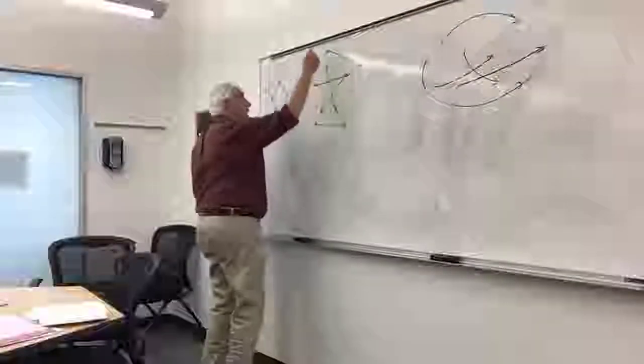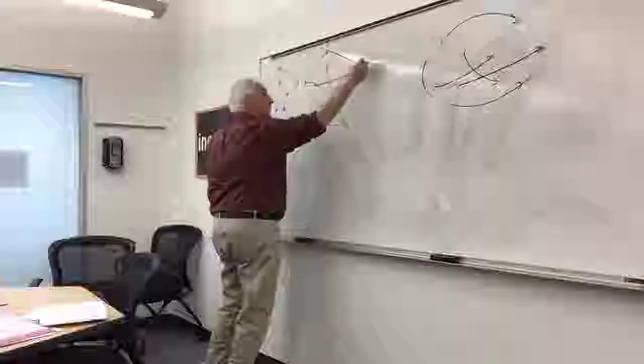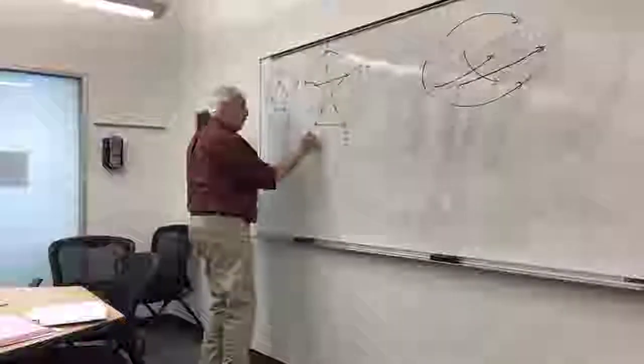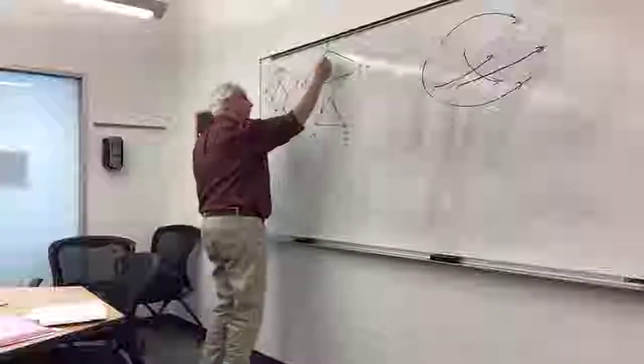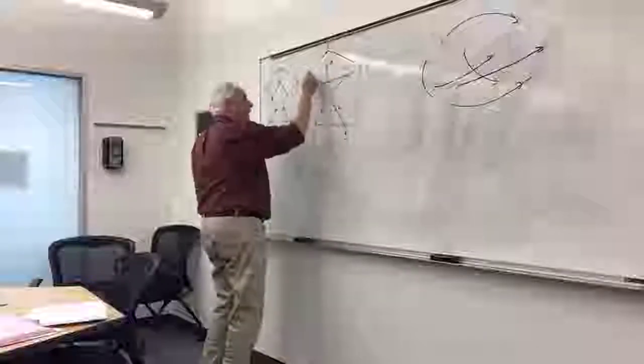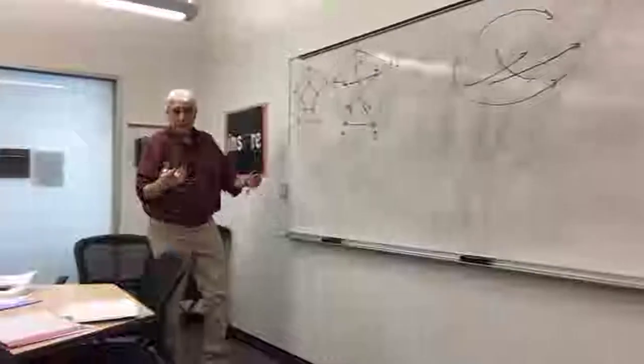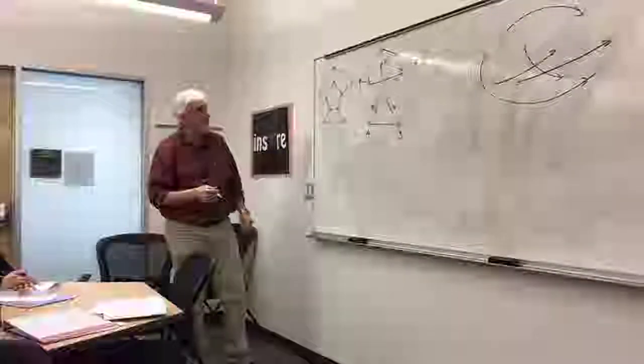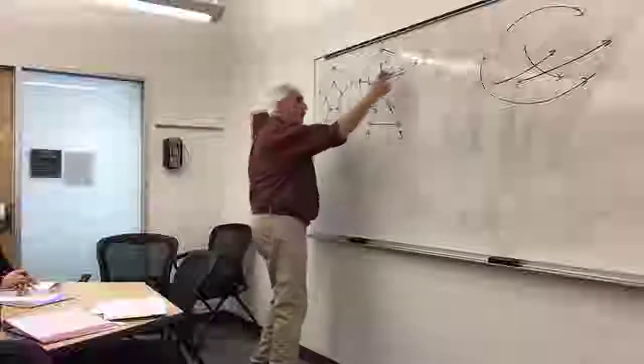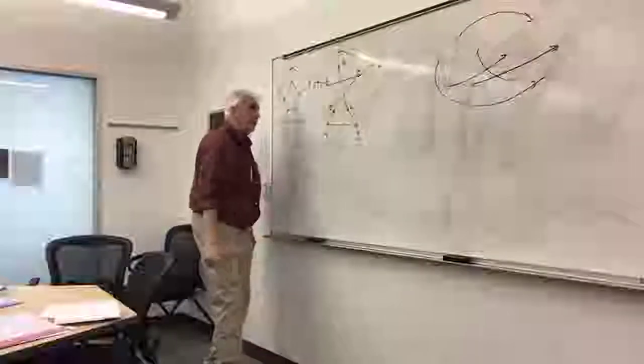Let's label these 1, 2, 3, 4, 5, and then A, B, C, D, E. So I have my 10 vertices labeled.